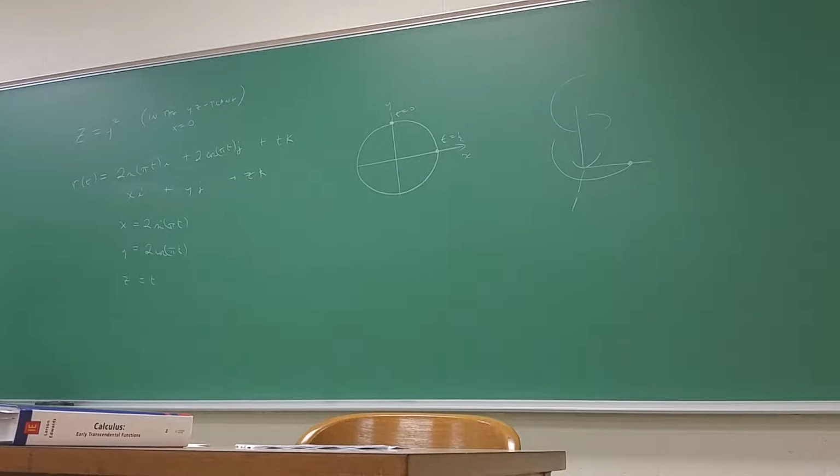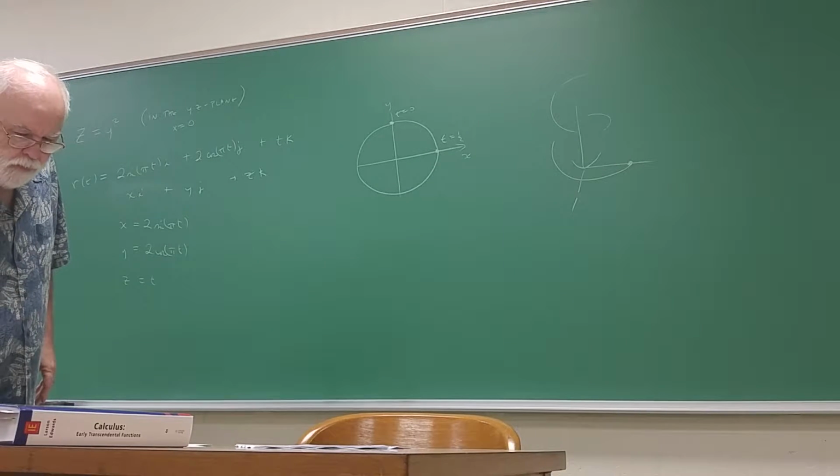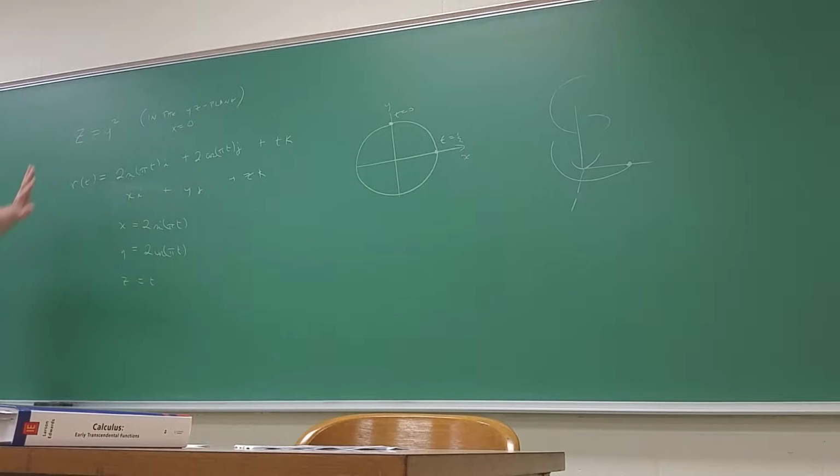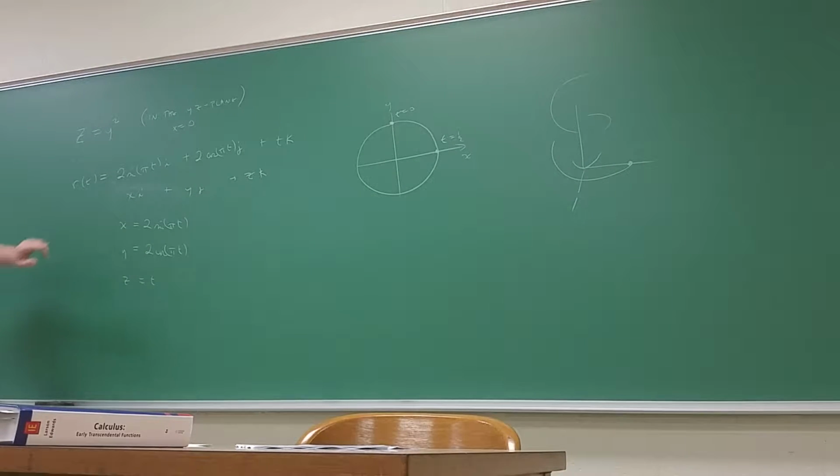So this is what z equals y squared looks like. It's a sheet of paper curled up to where the cross section is a parabola. But if I just look at it at x equals 0, then that's that curve. So I've really got several equations going here. Starting with x equals 0, put this one equal to that.